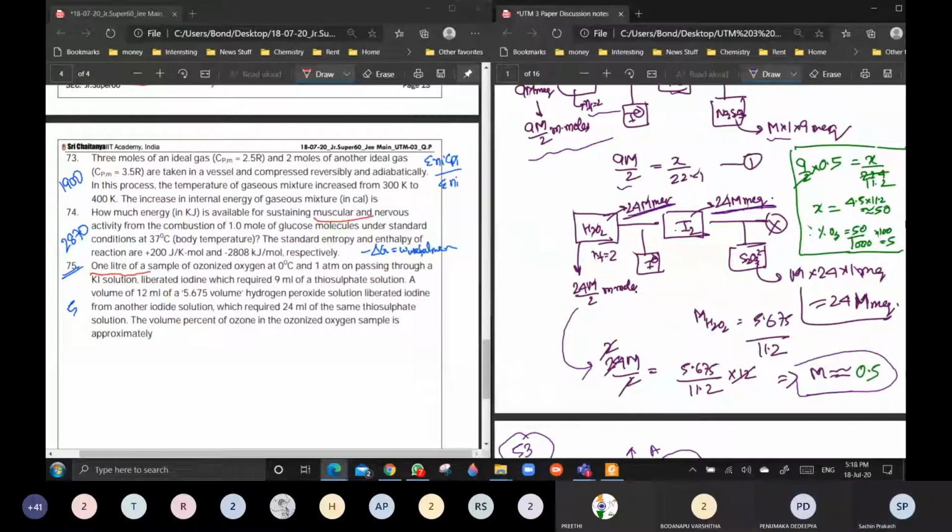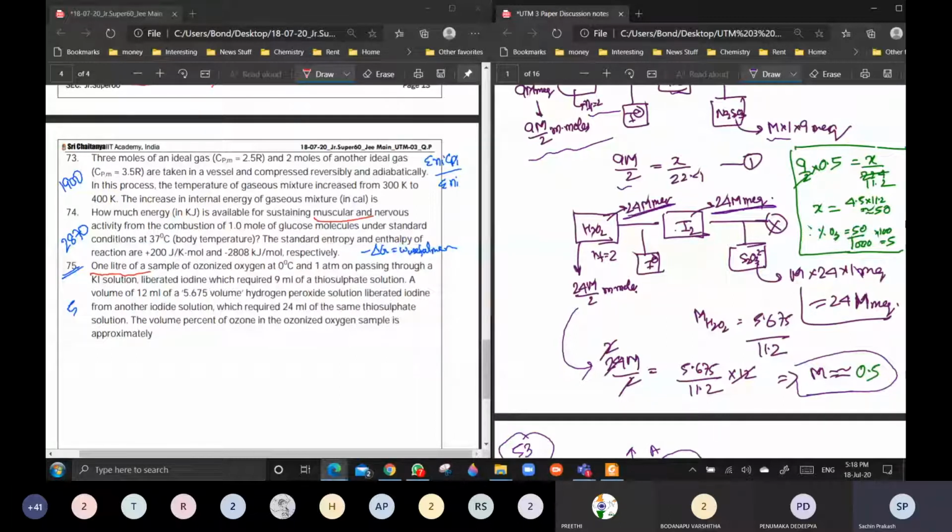I hope you must have realized the points where you are making small mistakes. Always remember two things. First, wherever constant external pressure is mentioned, along with adiabatic or isothermal, it means it is an irreversible process. So work done will be minus of P external into V2 minus V1.